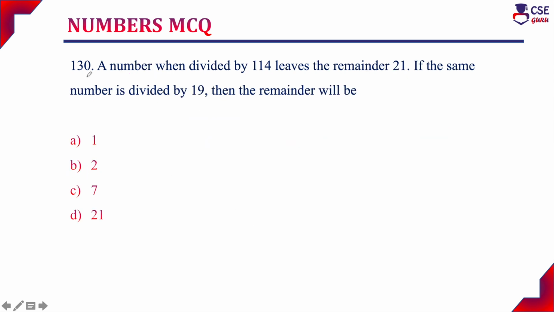Next, problem number 130. A number when divided by 114 leaves remainder 21. If the same number is divided by 19, what will be the remainder? We need to implement the formula: dividend is divisor into quotient plus remainder.